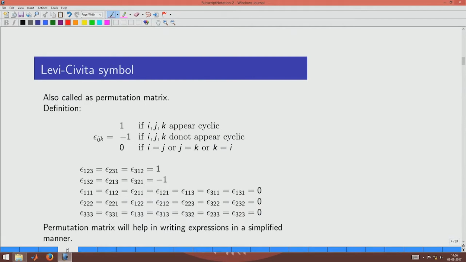So, here we are using the epsilon symbol, and I am giving you the meaning here. As you can see, epsilon as a symbol has 3 free indices i, j, k, and how many numbers will be there in that? You now know that it should be 3 raised to the power of 3, and that will be 27.